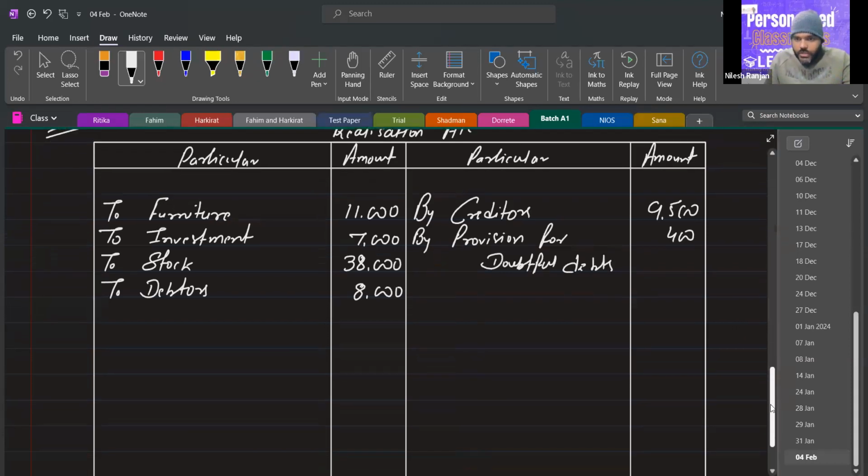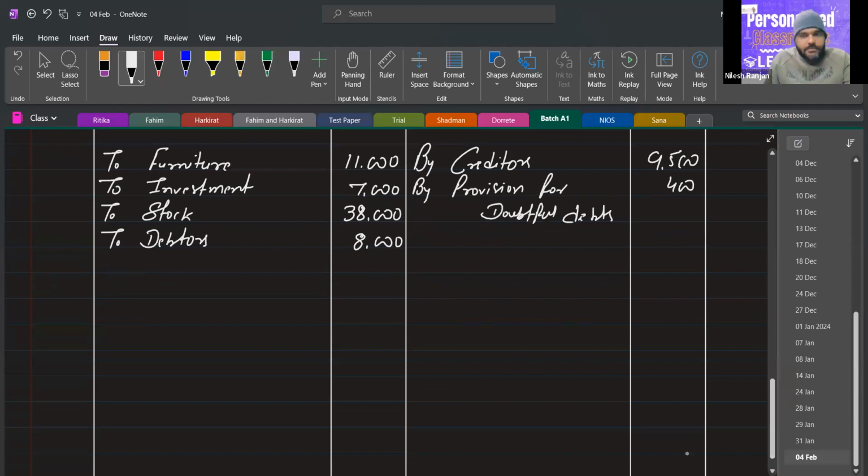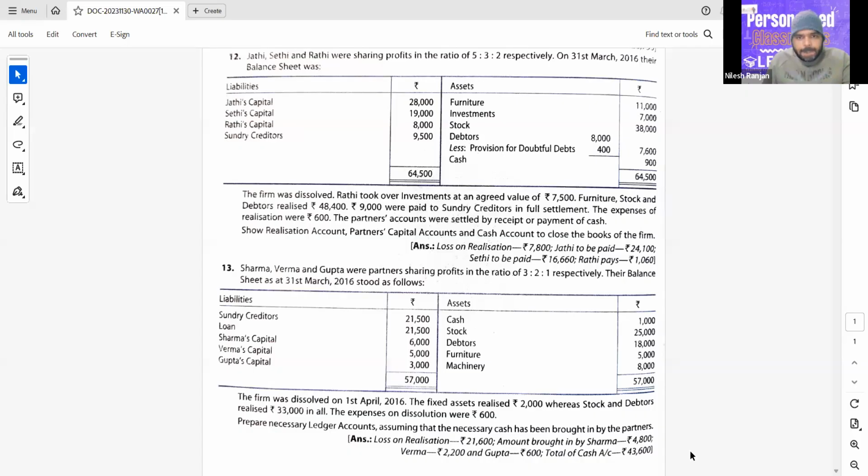You can also ask why it is done like this, why we are not writing 7,600. Cash will go to the cash account.